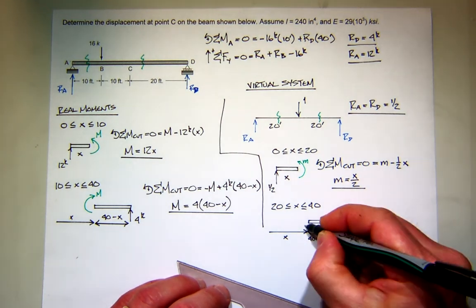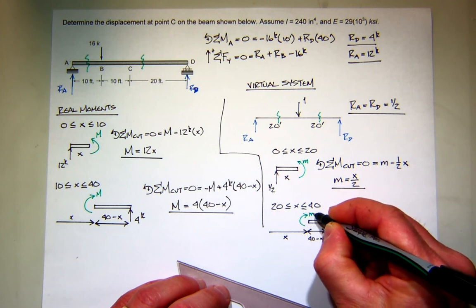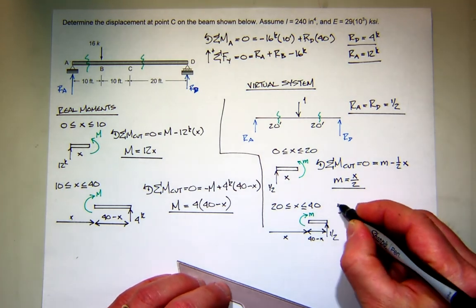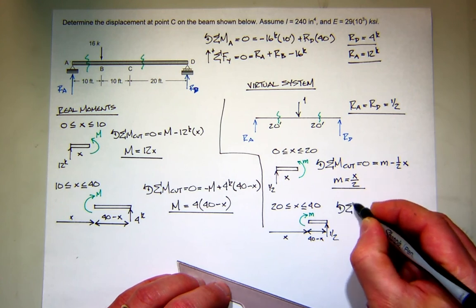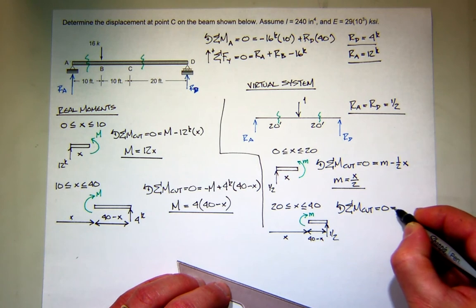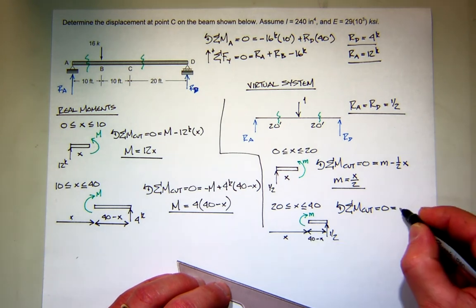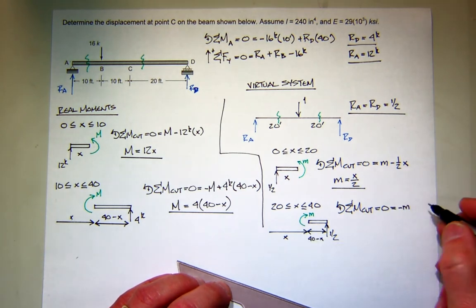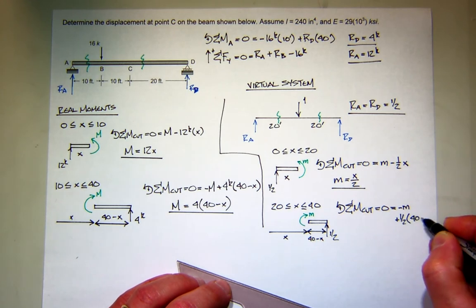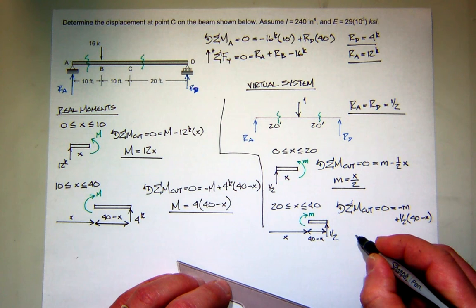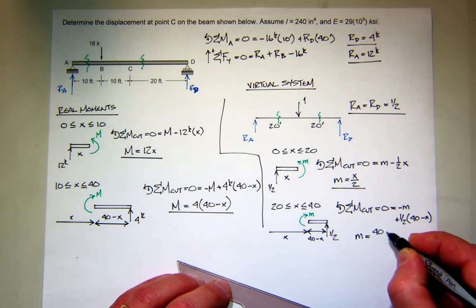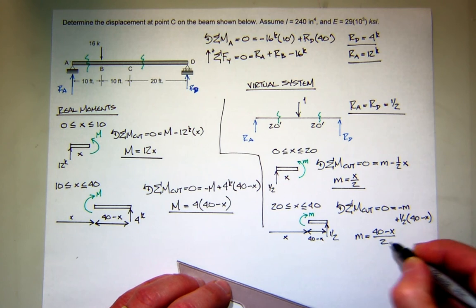And of course we have the internal moment, which I'll assume is positive. So now we sum the moments about the cut equal to 0. Starting with the moment, that's negative with my sign convention. And then I have plus 1/2 times the moment arm of 40 minus x. So it looks like the virtual moment is (40 minus x) divided by 2.